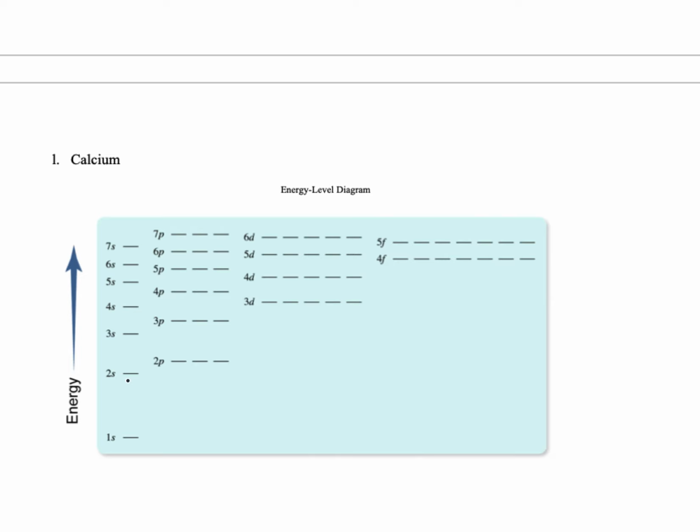To complete the diagram for calcium, it's going to be very similar to potassium. We'll fill all the lower level shells. And then we're just going to do 2 electrons in the 4s.